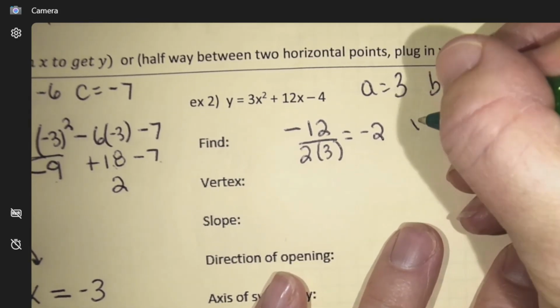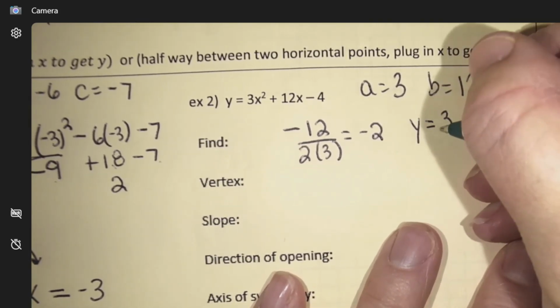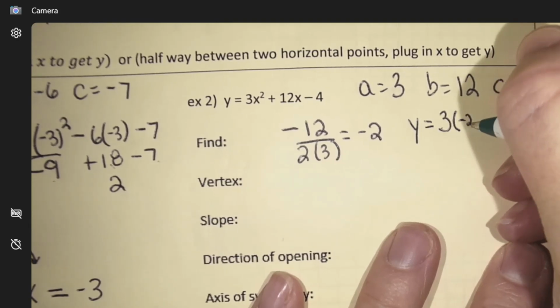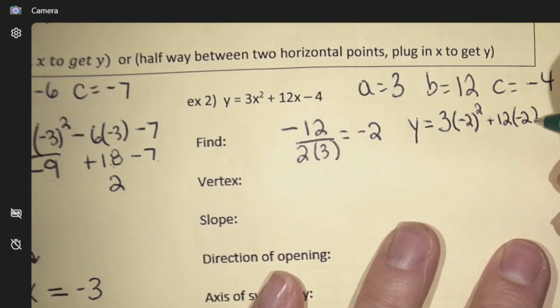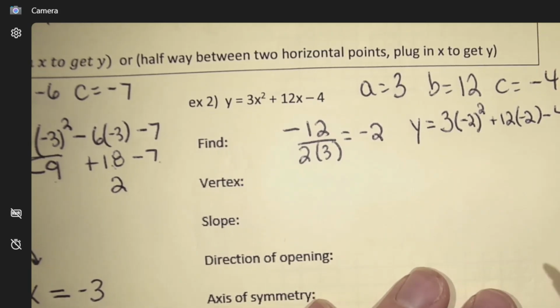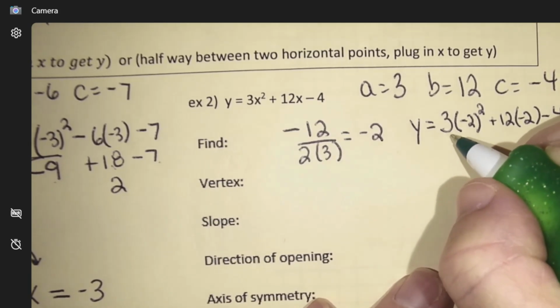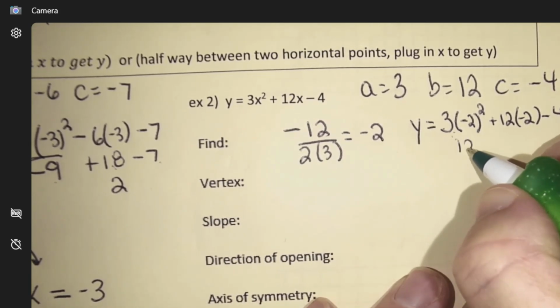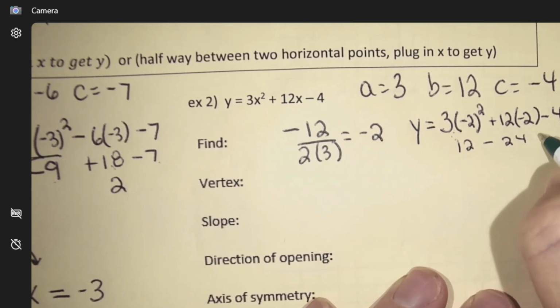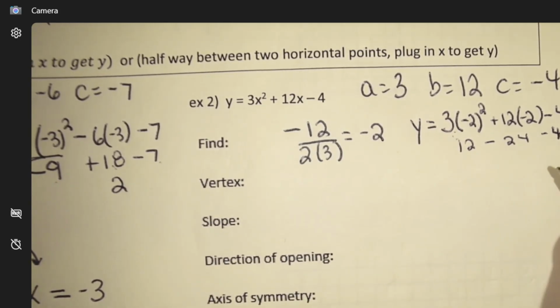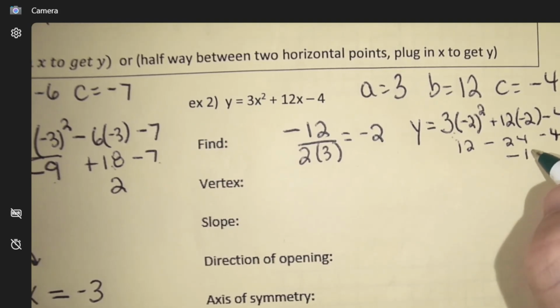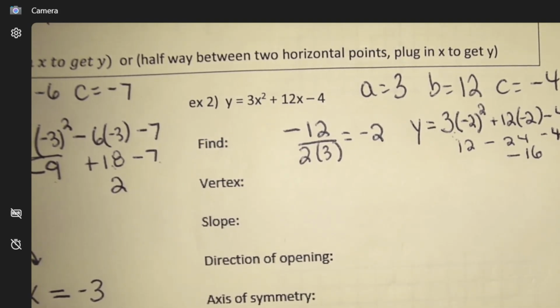Okay, so you're going to be plugging it in. So 3 times negative 2 squared, 12 times negative 2 minus 4. Okay, you are allowed to type into your calculator. I'm going to be doing mine in my head.